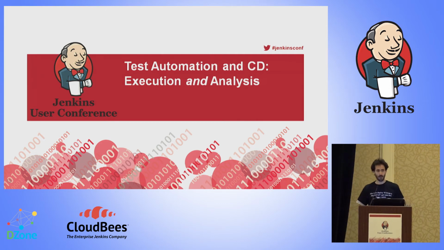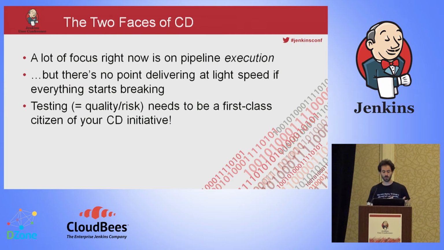Now I would like to talk a little bit, and don't worry, we will get to the real deal, but this is an important scene-setting phase. In my day job, we also sell continuous delivery enterprise tooling, so I get a lot of these discussions. In a huge number of them, the focus is on execution of your pipeline, because it's cool and fun, and it's continuous delivery and DevOps, and you get kudos in your company if that's what you can do.